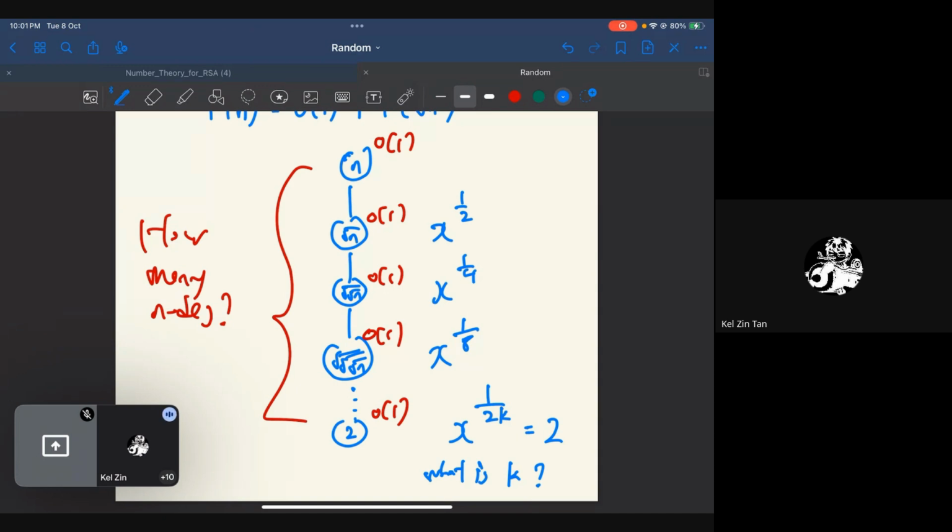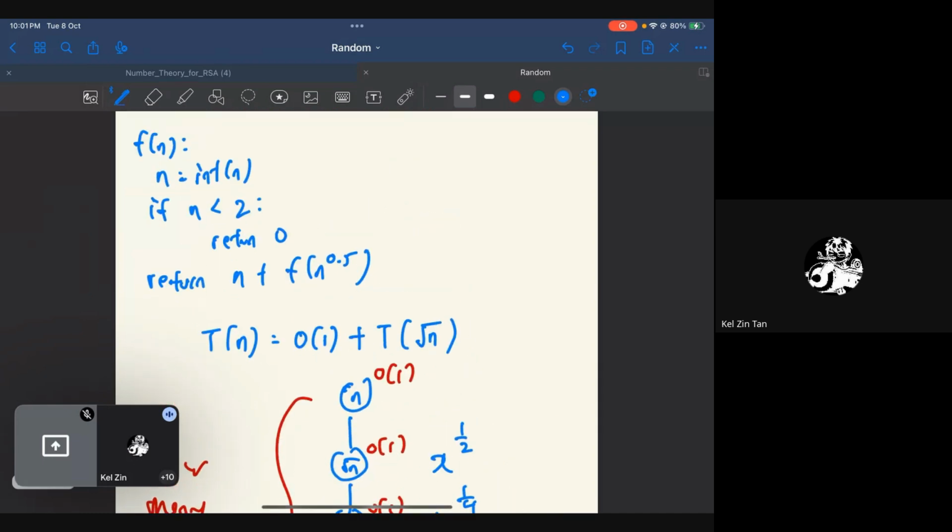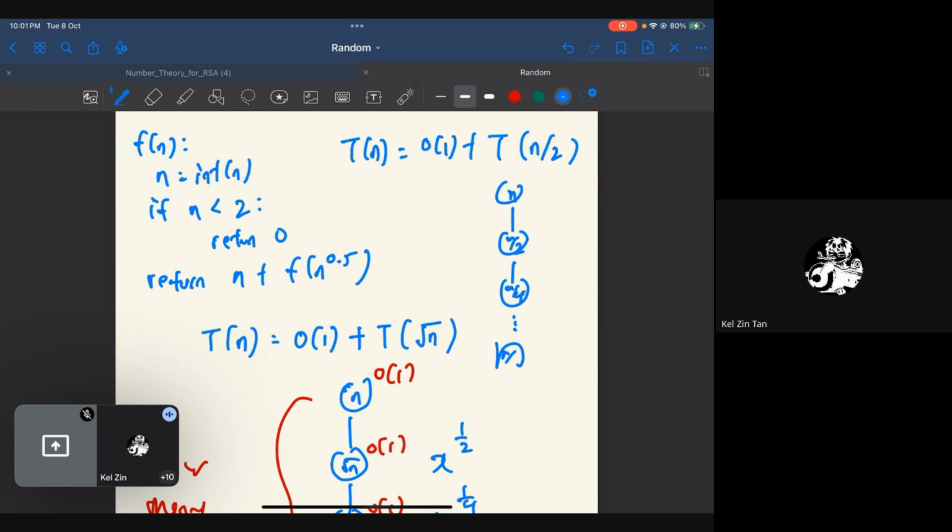Log n is not correct, right? Why? Because if you think about it, if you do T(n) equals O(1) plus T(n divided by 2), then this is n divided by 2, n divided by 4, and n divided by 2 to the power of k. The height of this is log n.